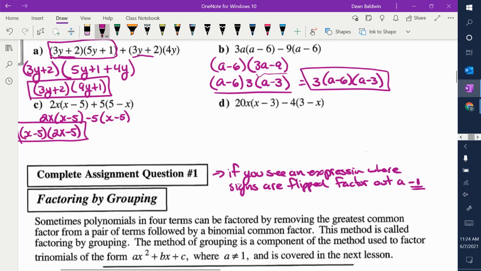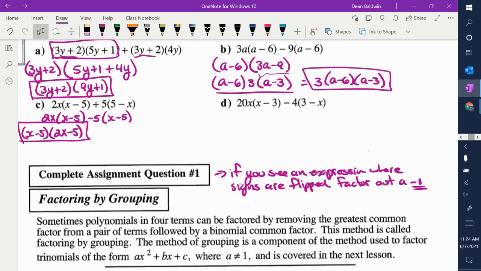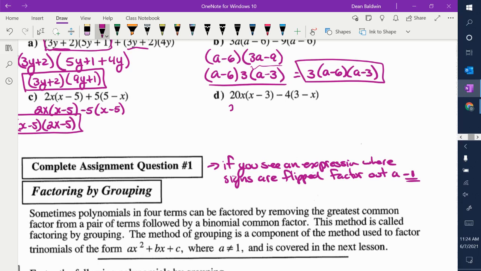All right, last question. What am I going to do? Which one do you want to flip? Second one, 3 minus x. Is that the one? Yeah. So if you factor a negative out of there, so I'll get 20x, x minus 3, all that stays the same.